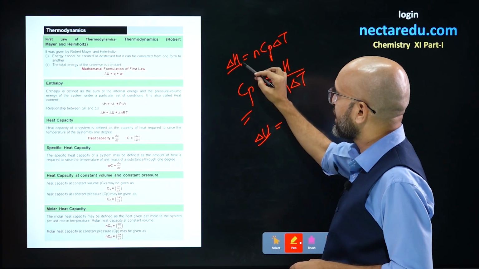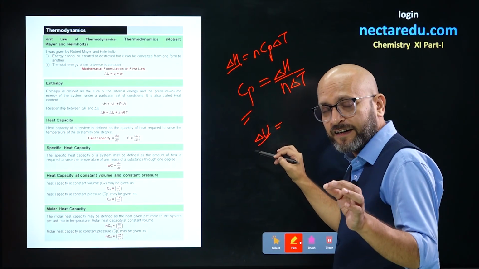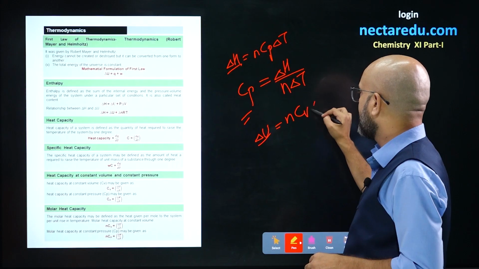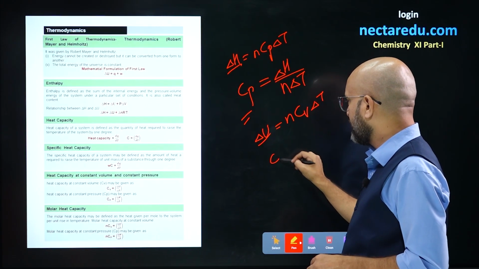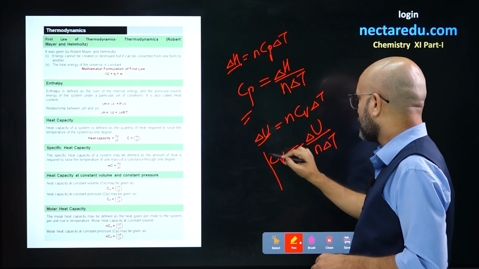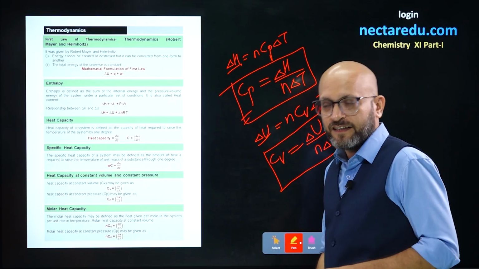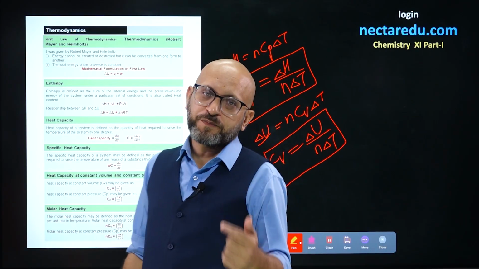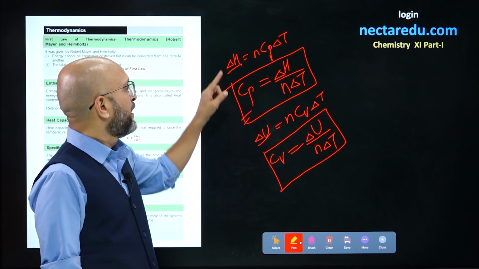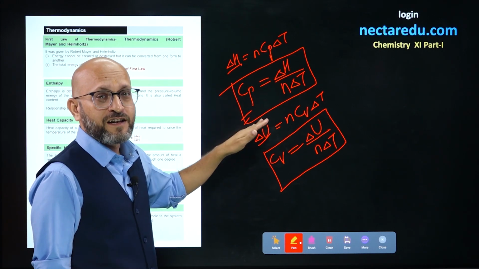Enthalpy change is heat transfer at constant pressure, and internal energy change is heat transfer at constant volume. So the formula is n Cv delta T, and molar heat capacity Cv equals delta U by n delta T. Cp equals delta H by n delta T. Delta H is heat transfer at constant pressure, delta U is heat transfer at constant volume.